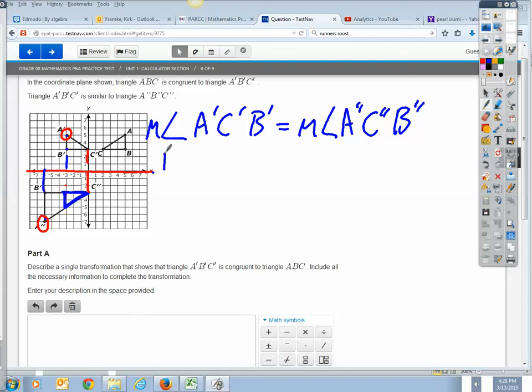simply because you can see that they overlap exactly, right? And we have a side length here that's 2, 2, so it matches up perfectly.